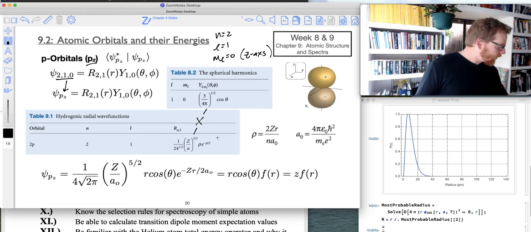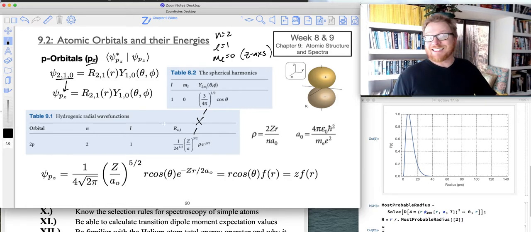What's also pretty cool, the reason why we really like to adopt this pz nomenclature, not only because ml equals 0 is special to the z-axis, but also if you recall, when we do a Cartesian coordinate transformation, z equals r cosine theta. That was one of our coordinate transformations from Cartesian to spherical polar coordinates.